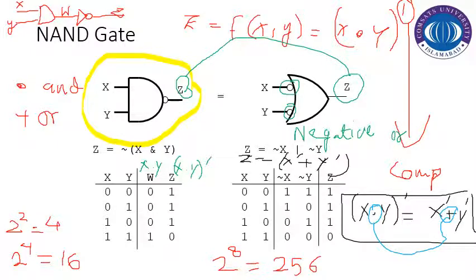So the first observation is, if we invert the complement, the dot is converted to plus and vice versa. Secondly, the inputs are inverted. Here we are applying X and getting X prime; here we are applying Y and getting Y prime.